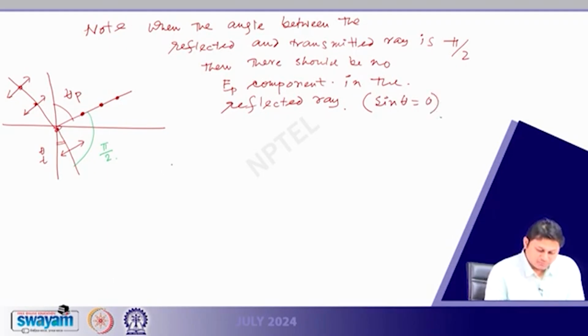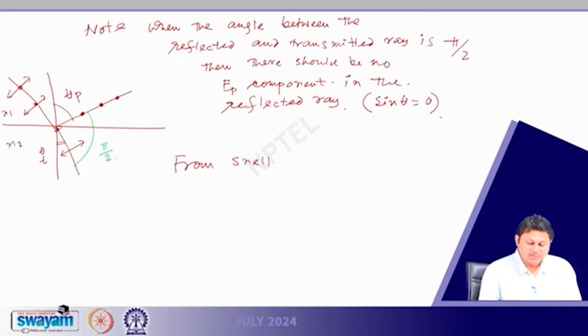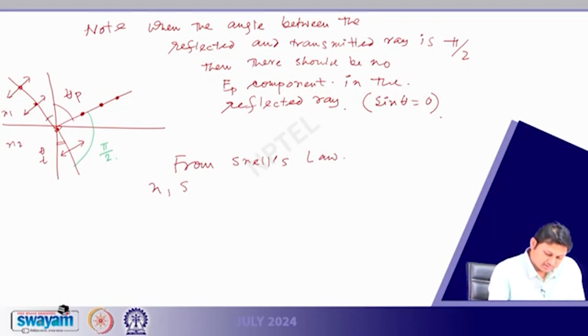Okay. Now from Snell's law, under this condition, with this being my N1 and this my N2, we get N1 sin theta p equals N2 sin theta t.